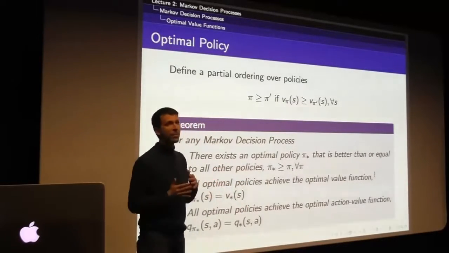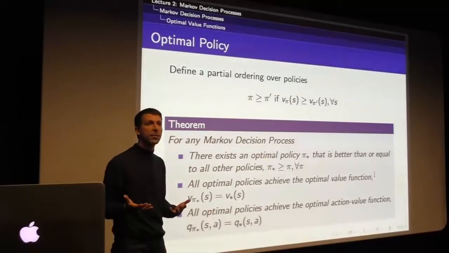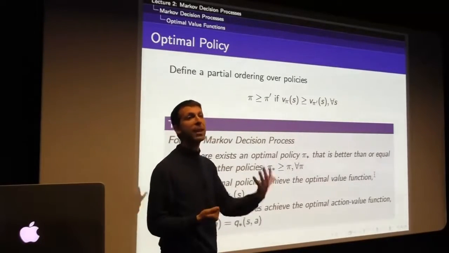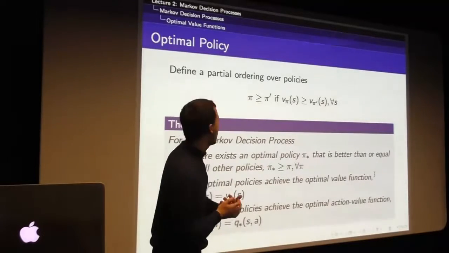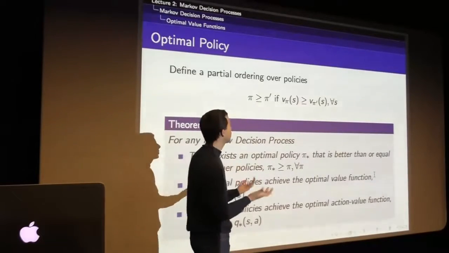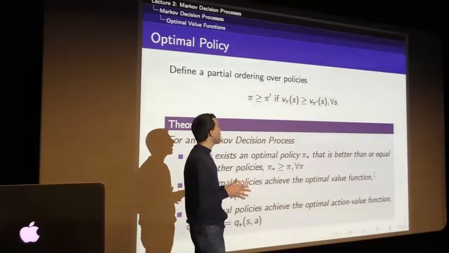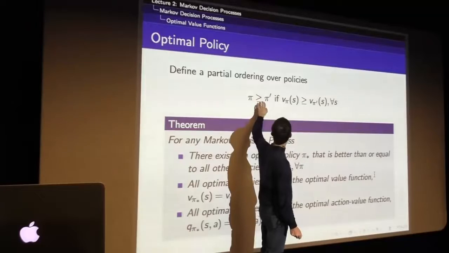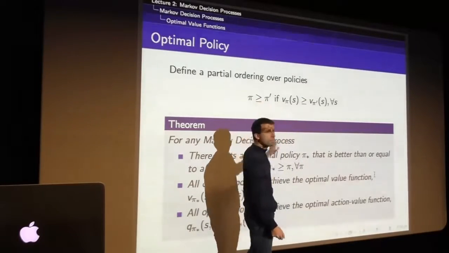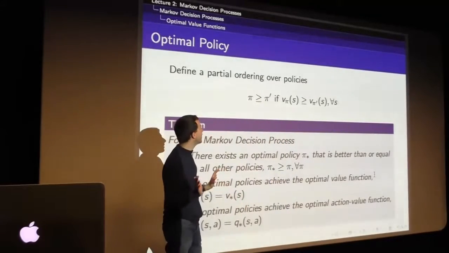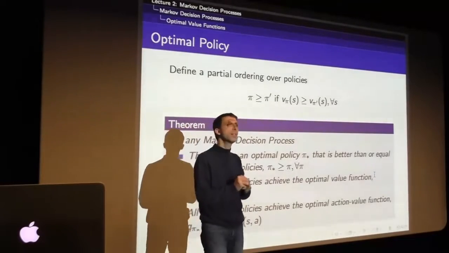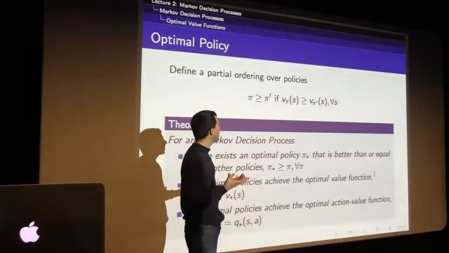To understand what it means to be optimal, we need to define a notion of optimality. To do that, we need to know what it means for one policy to be better than another policy. So we define a partial ordering over policies. Let's consider two policies, pi and pi prime, two arbitrary policies. We define this greater than or equal to operator, a partial ordering over policy space.